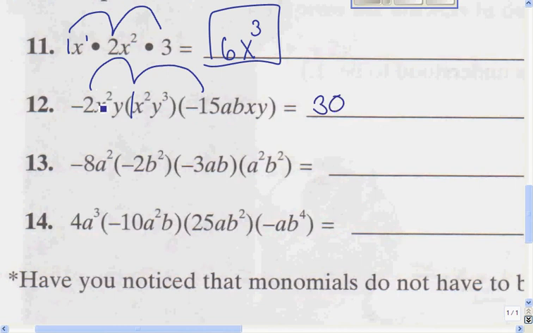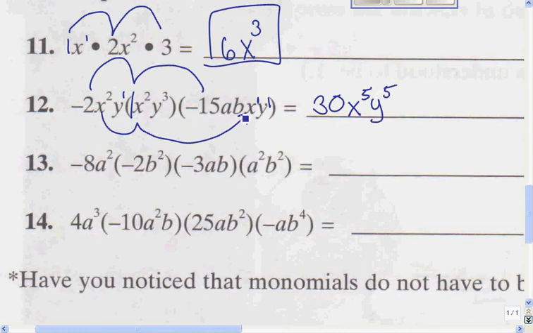Now I look at my variables. I've got an x squared, an x squared here, and then another x here. Okay, so I'm going to add those exponents. 2 plus 2 is 4, plus 1 is 5. X to the fifth. Then I have a y here, and a y here. Well, 3 plus 1 is 4, plus 1 is 5, so this becomes y to the fifth.